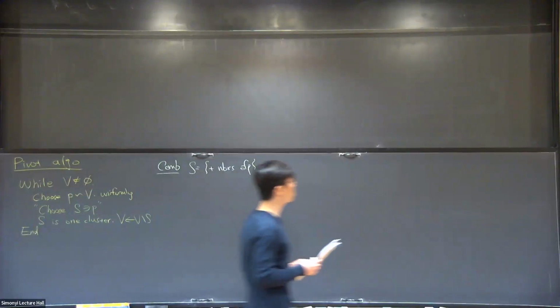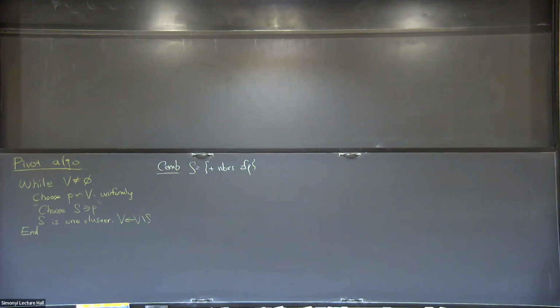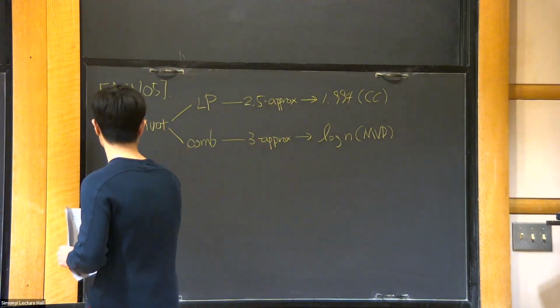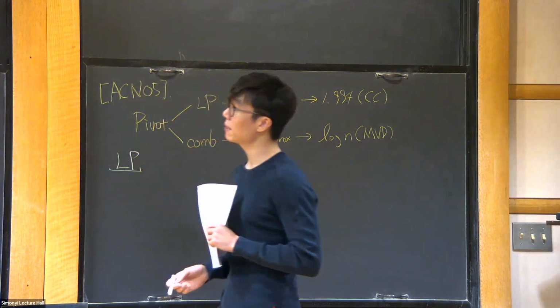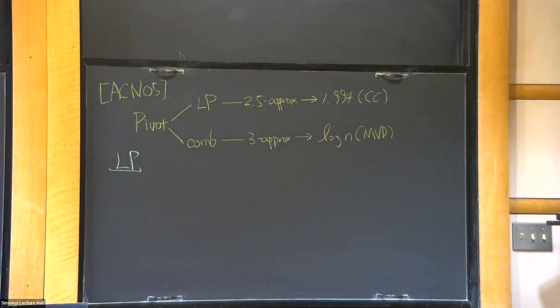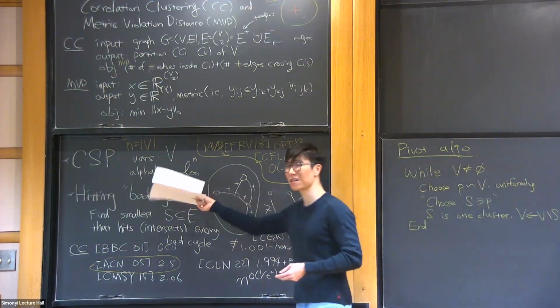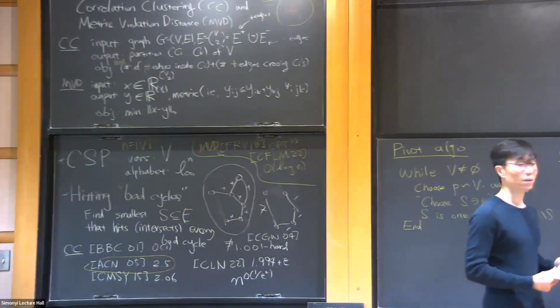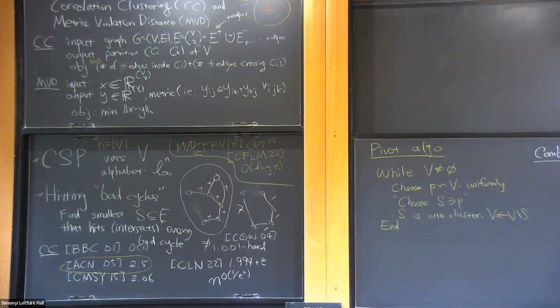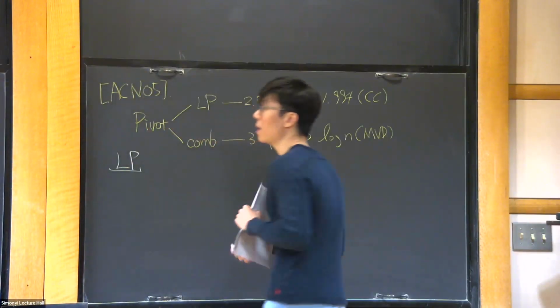So I told you the combinatorial three-approximation algorithm, but in order to define what the LP algorithm is, I have to tell you what the LP is. This LP might be inspired by the CSP view in some sense. LP stands for linear program. What are we trying to do?